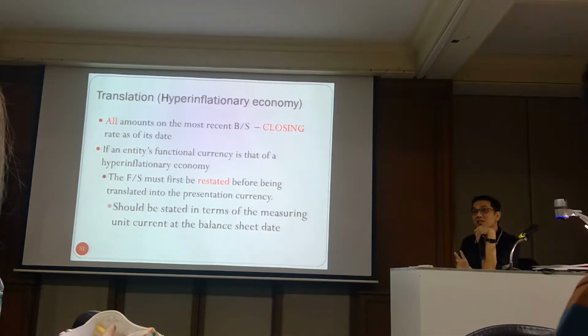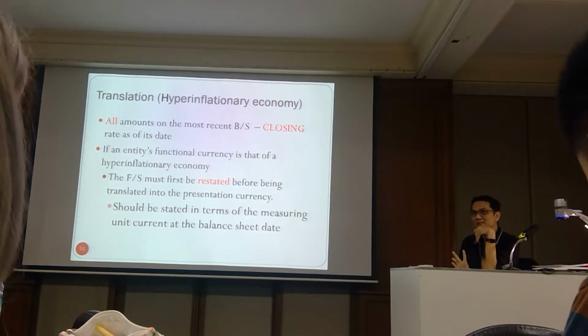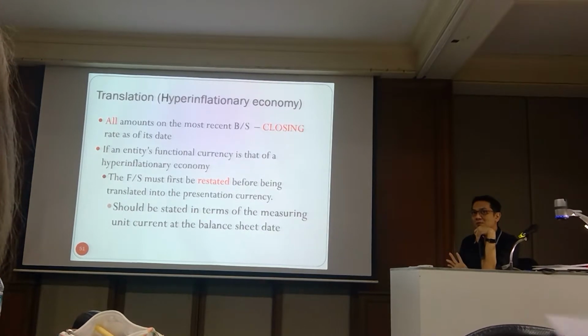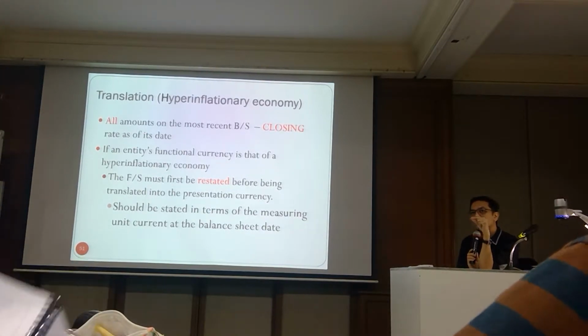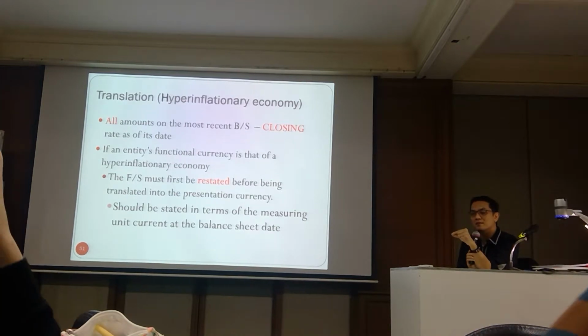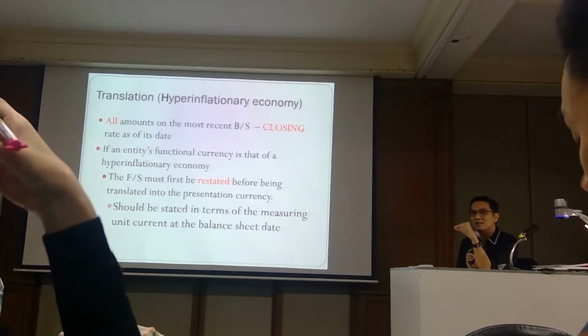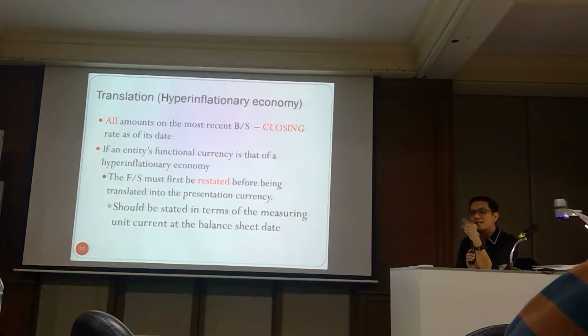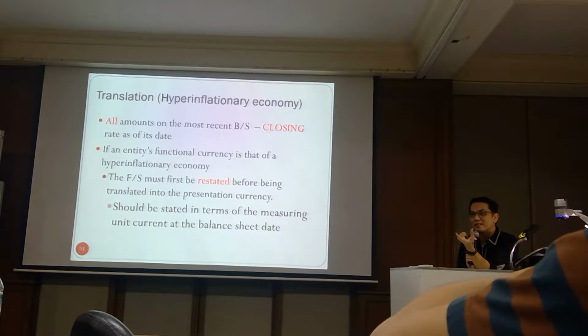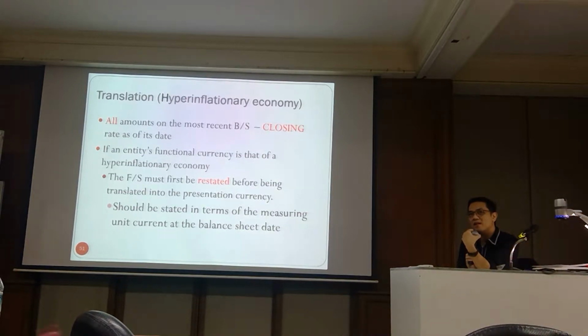Adjust by using an inflation index to make sure the number is stable. So we have a little bit more steps to do before you convert to the presentation currency from the functional currency. You need to adjust the number first by inflation index, and after you adjust by inflation index, you get the right number, then you translate them.